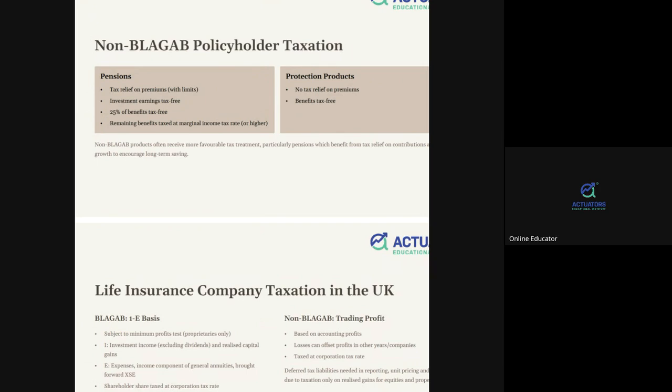Okay. Now there's this concept of something called a lifetime allowance as well. What is lifetime allowance? It means you can only accumulate money in your pension fund up to a certain limit tax free, and that lifetime allowance right now for the UK is 1.073 million, right?